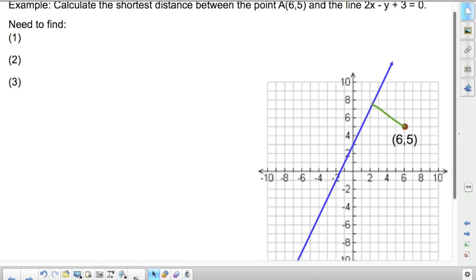We need two points, right? We're only given one. So we need another point. Unfortunately, that's the last thing we need to do on here. So we need a point on the line. Somebody said we need the slope of the blue line.